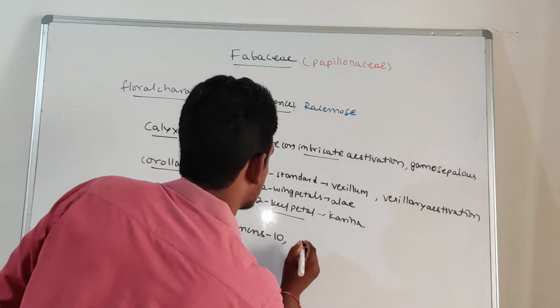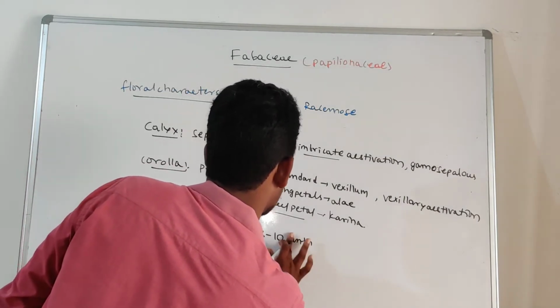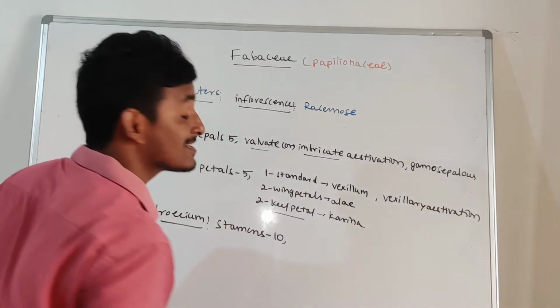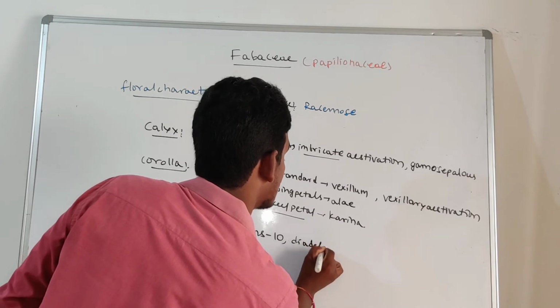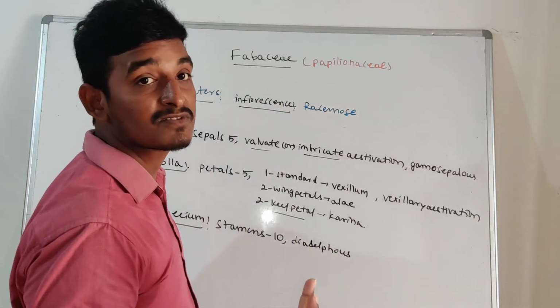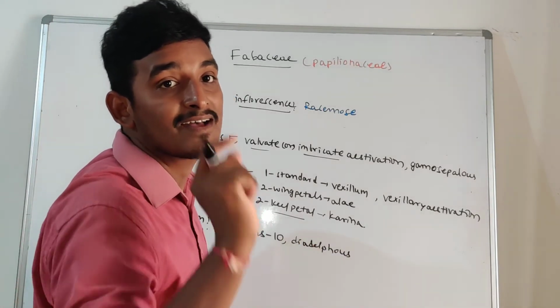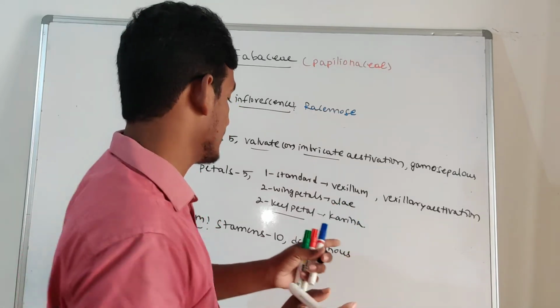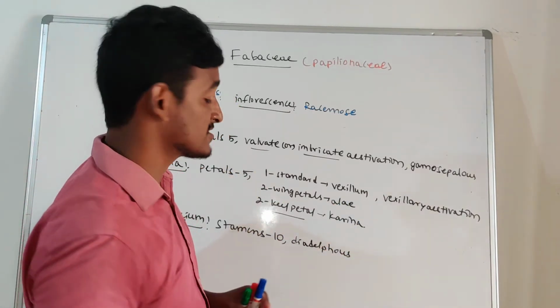Those stamens are arranged in a diadelphous condition. Diadelphous means it forms 2 bundles. Adelphous we already know: the filaments are fused and the anthers are separated, right? That is the adelphous condition. Diadelphous means two bundles of filaments.